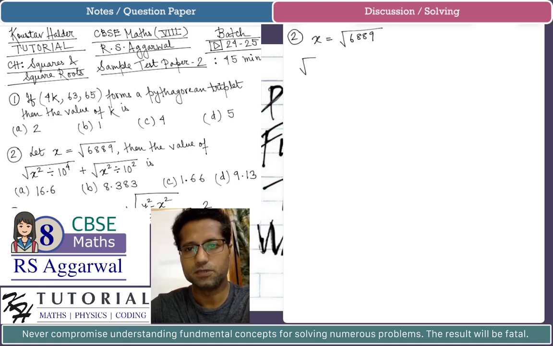The given expression is x square divided by 10 to the power 4 plus x square divided by 10 square.